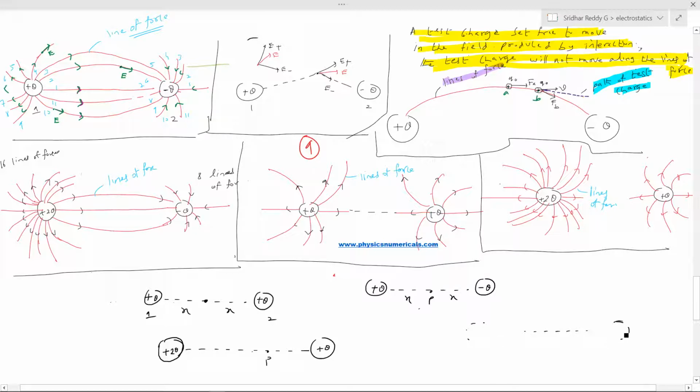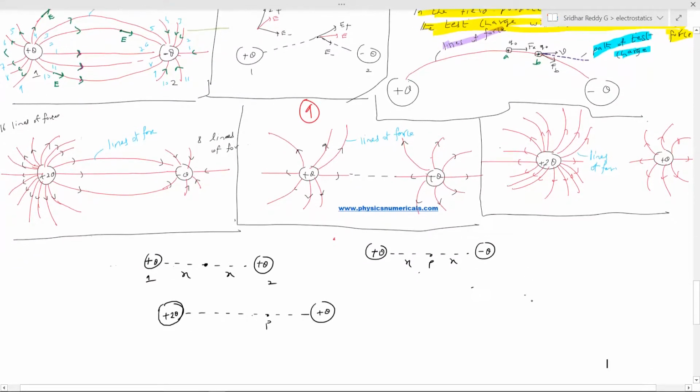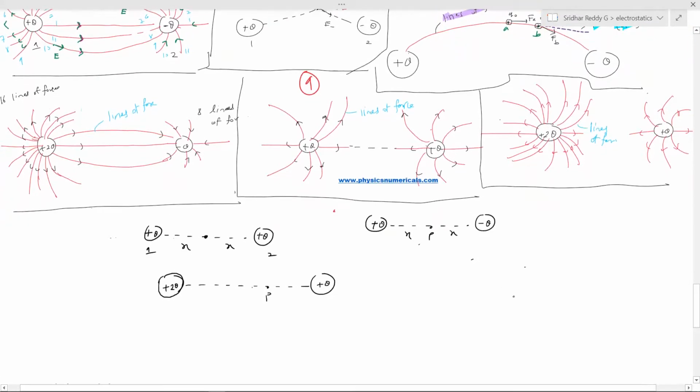Let me draw a little bit below. This is a very fundamental thing which a student must know. Plus 2q charge, minus q charge. Now, what is the use of this?